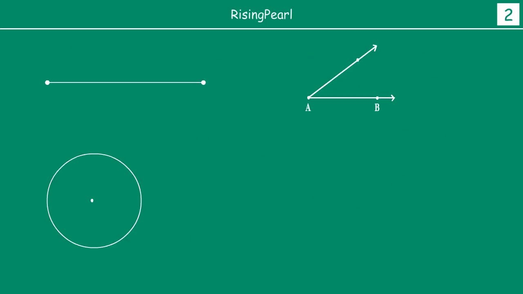Now, in the last video, we were looking at comparing line segments, angles, and circles. We noticed that for a line segment, the way we uniquely explain it is by the length of the line segment, right? So if this is a line segment AB, we basically say AB equals some length.